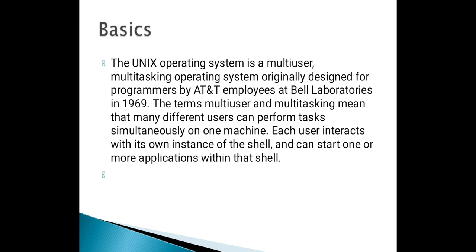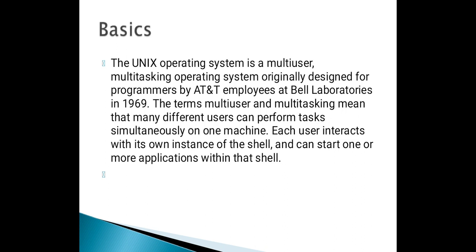This is the introduction or basics of Unix OS. This operating system was designed by programmers of AT&T at Bell Labs in 1969, and it is a multi-user and multitasking operating system.